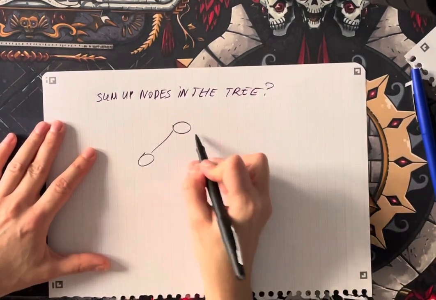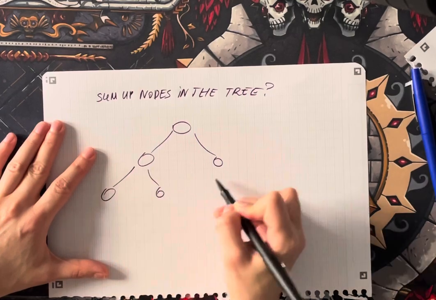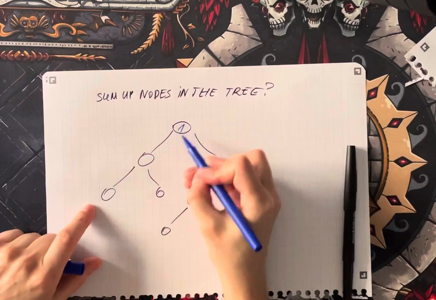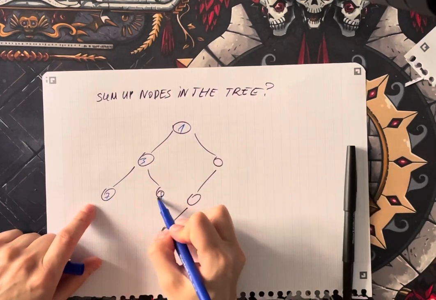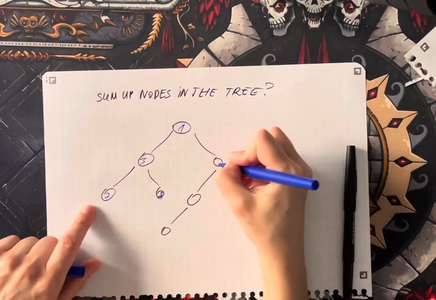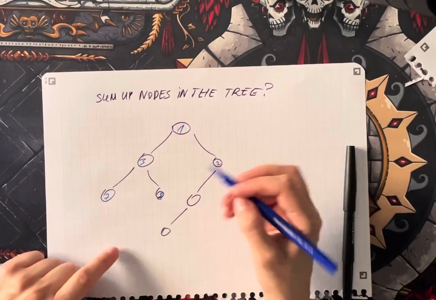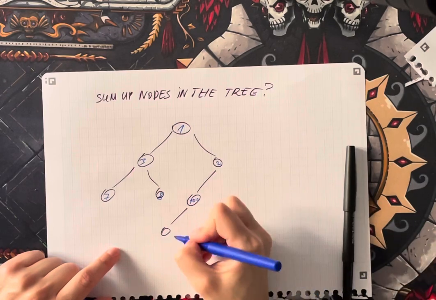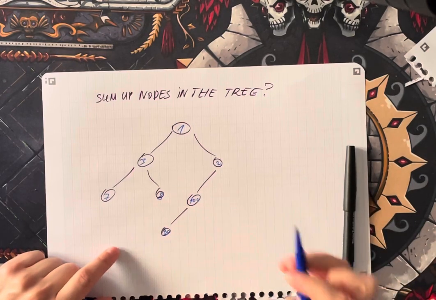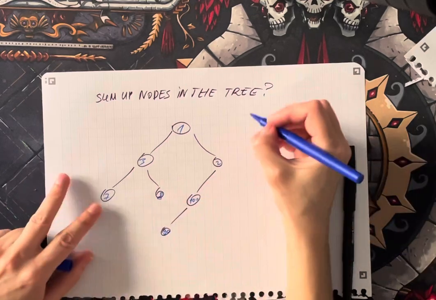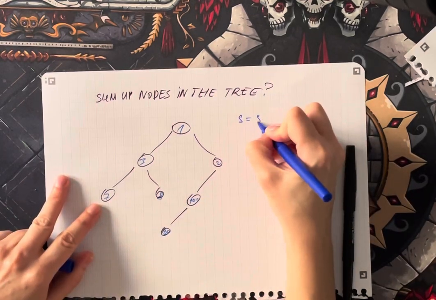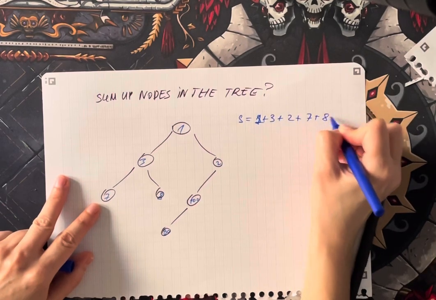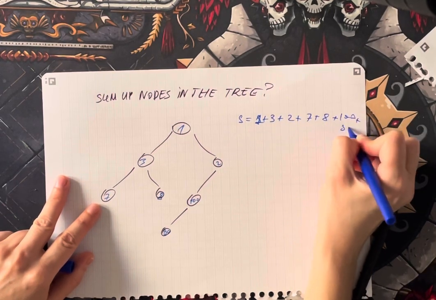So once again, we have a tree, and there are some numbers: 1, 3, 7, 8. This is not a binary search tree. I'm not introducing any limitations on it. It's just a binary tree. And I want to sum up all these numbers. So find out 1 plus 1 plus 3 plus 2 plus 7 plus 8 plus 100 plus 90.